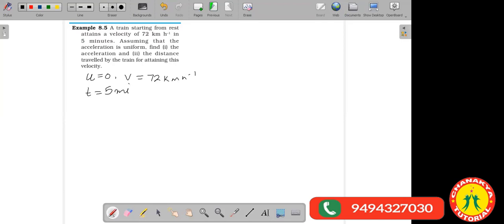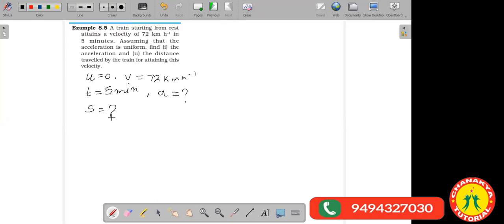And what all we have to find, write that also. For example, here we are supposed to find acceleration. So write here A, acceleration we want to find. We also find out the displacement, the distance traveled, which will actually be equal to displacement. So these are the two quantities which we need to find.